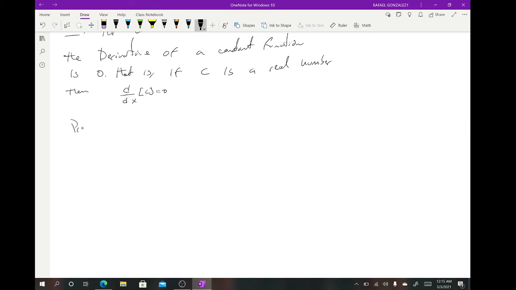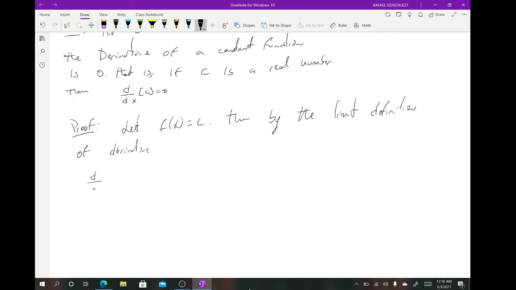I'll prove it. It's not a long proof, that's what I'm trying to say. We can let f of x equals c, where c is a constant. Then by the limit definition of the derivative, we have the derivative of c in terms of x is equal to f prime of c.